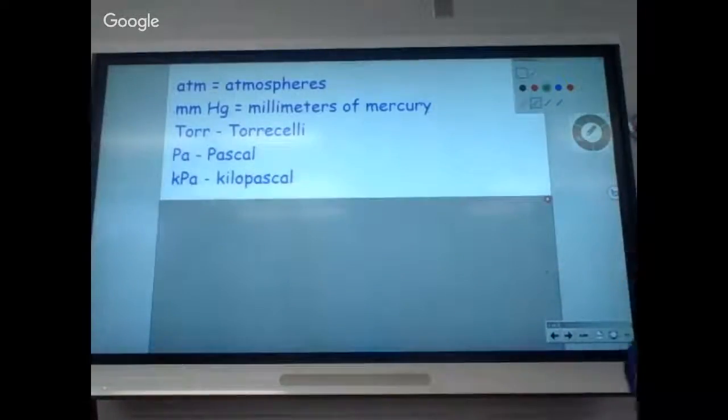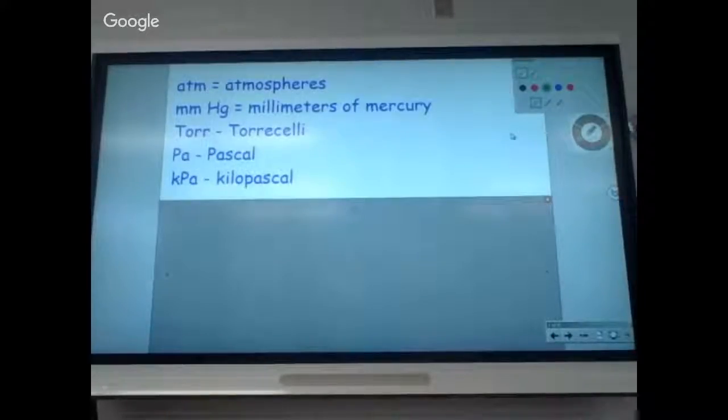Now, there are 5 pressure units that we're going to use. Because I don't want to limit myself to one. Some of you will say ATM and call it atoms, and I will correct you every single time because I'm that nitpicky. ATM is atmospheres.